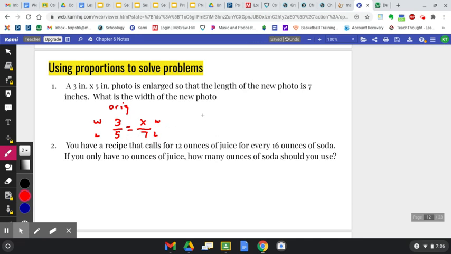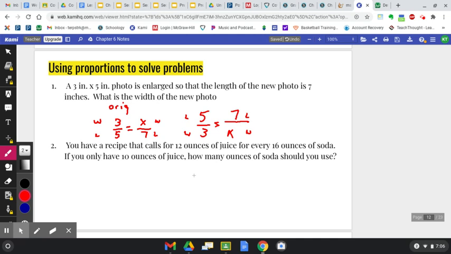Another way, let's say that I went 5 over 3, right? That's fine. Some of you might have put that on top, right? So this is length, this is width. As long as I'm consistent on the other side, length and width, right? Notice when we cross multiply, it'd be 5x and then 3 times 7. Here, 5x, 3 times 7.